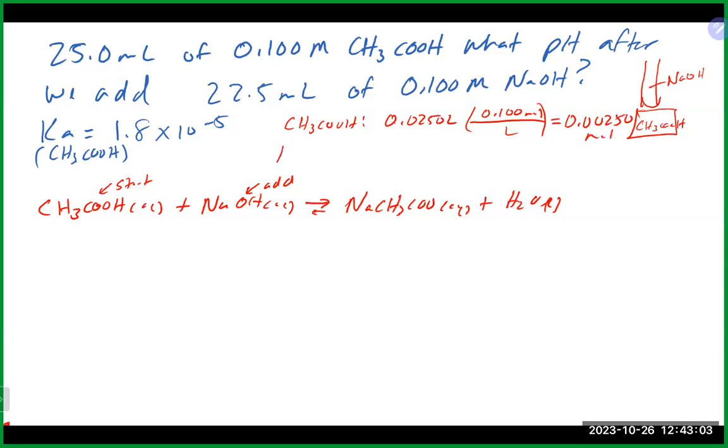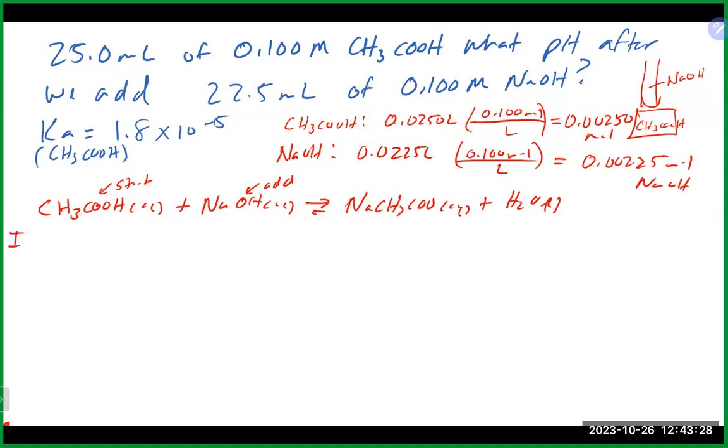We do the same thing for our sodium hydroxide: 0.0225 liters times 0.1 moles per liter gives us 0.00225 moles of sodium hydroxide.